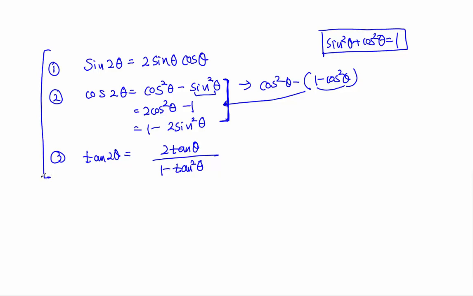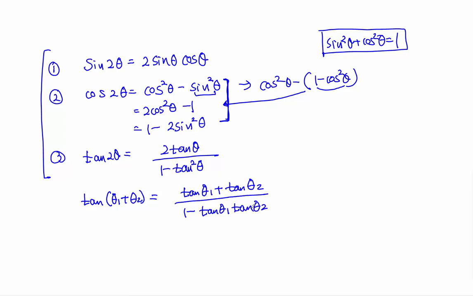Because tangent of theta 1 plus theta 2 can be expressed this way: tangent theta 1 plus tangent theta 2 over 1 minus tangent theta 1 times tangent theta 2.